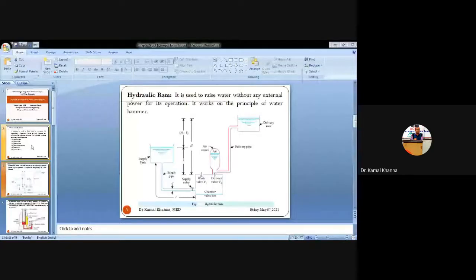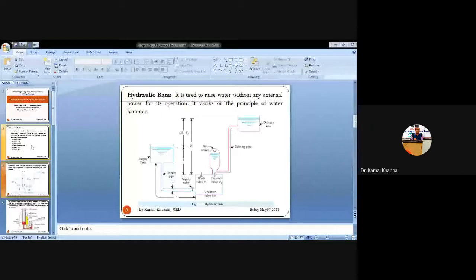But the hydraulic ram is a device or pump that raises the water to a higher height without the assistance of any external power for the operation. Whenever a large quantity of water is available at a lower height in the supply tank, and you have to transport that water to the higher situated tank, that is the delivery tank.